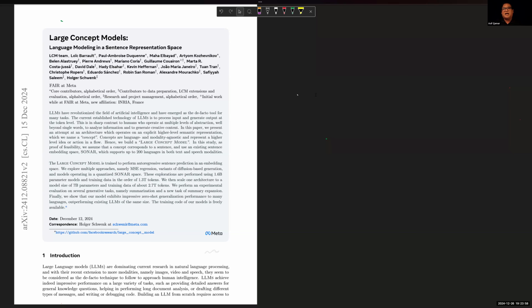You try to decode it back into the text from the latent representation, using a mean squared error or reconstruction loss to see whether the representation is faithful and captures the whole meaning of the semantics of the sentence.